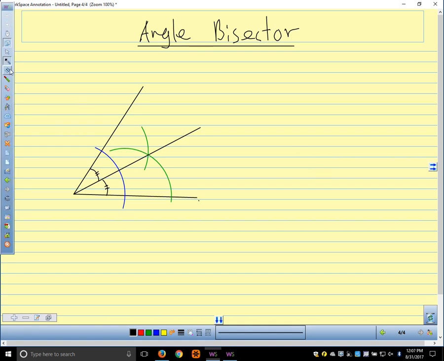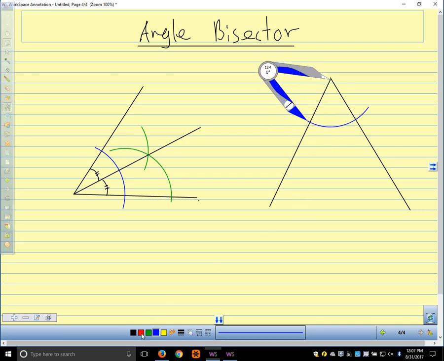Let me do that one more time. There's my angle. Grab my compass. Make an arc with the sharp point at the vertex. Now we're going to move the compass to where the arc crosses the ray.